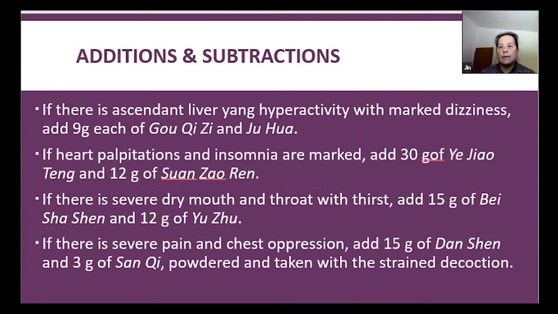And the modifications. If there are more signs of liver yang hyperactivity, with severe dizziness, we add 枸杞子 and 菊花. 枸杞子 and 菊花 are pretty good for the heart issue, even for people with orifice problems. 枸杞子 is a pretty nourishing herb, and 菊花 is also nourishing and opens the orifices, especially benefiting the eyes.